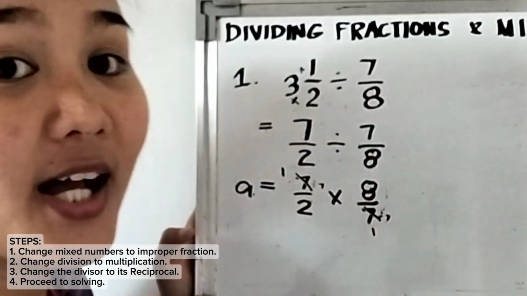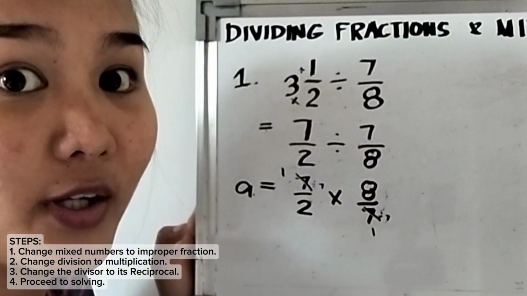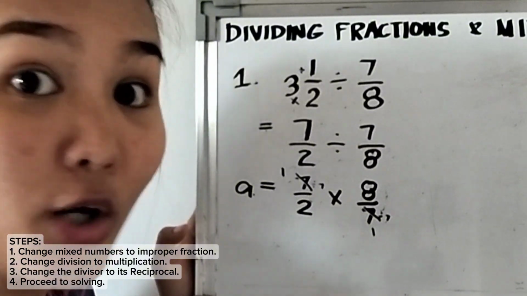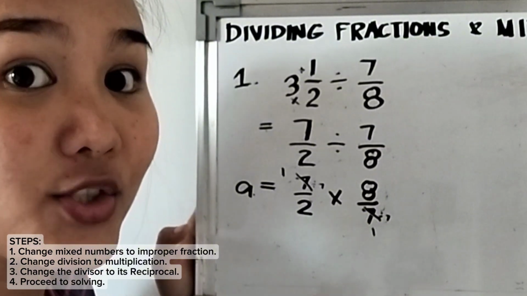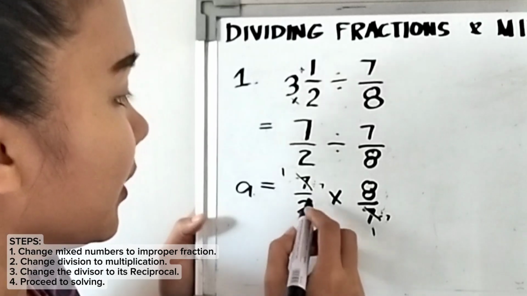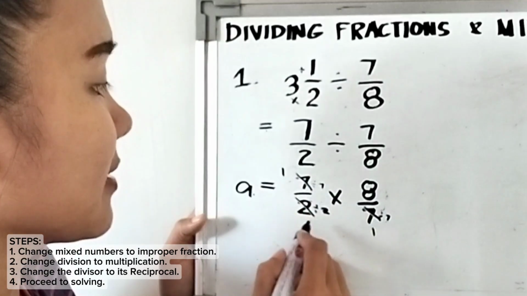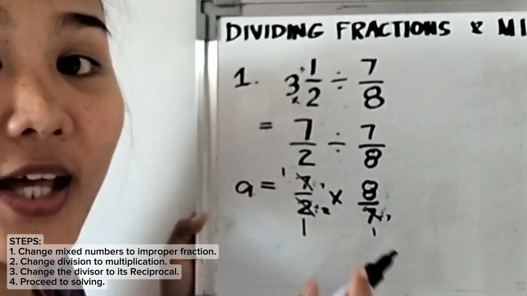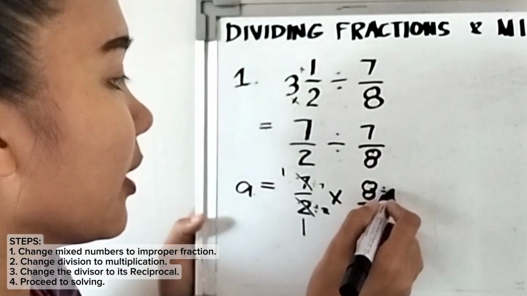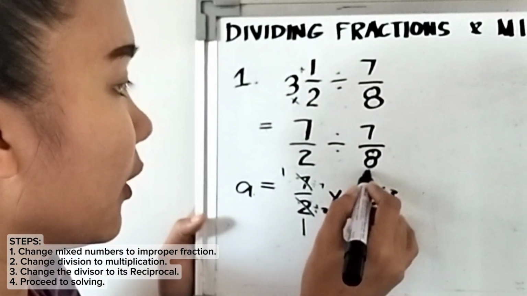Now 2 and 8 also have a greatest common factor. They have the common number, which is 2. So you will use 2. 2 divided by 2 equals how much? 1. And then 8 divided by 2 equals 4.